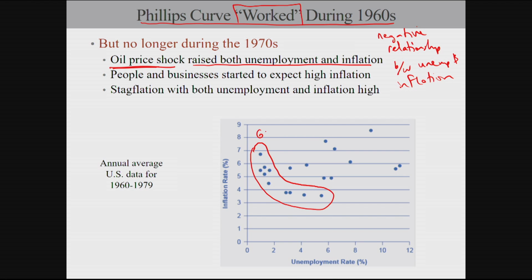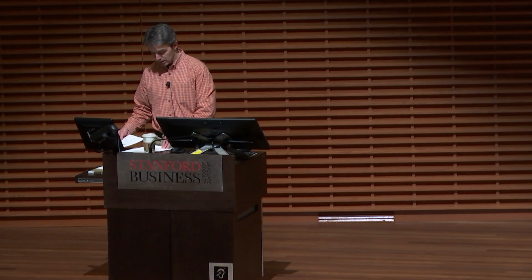So these dots here suggested the Phillips curve worked from the 60s, but these dots out here from the 1970s suggested there was not a clean negative relationship between unemployment and inflation as predicted by that model that focuses on the role of aggregate demand. I'm going to pause there so you guys can get that down.